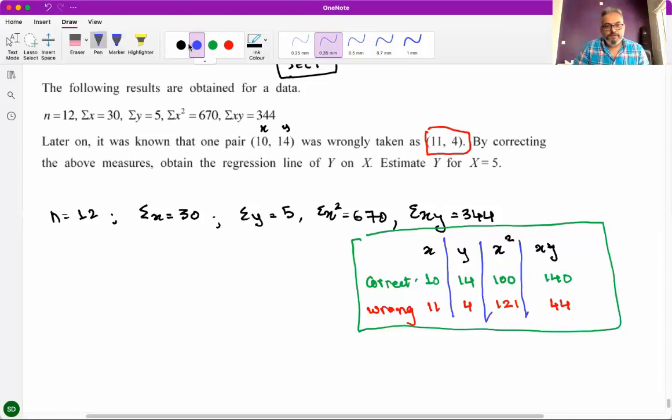Now, we start finding correct sigma x, which is equal to 30 minus wrong observation, so wrong is 11, plus correct observation, so correct is 10, which is equal to 29. So correct sigma x is 29.